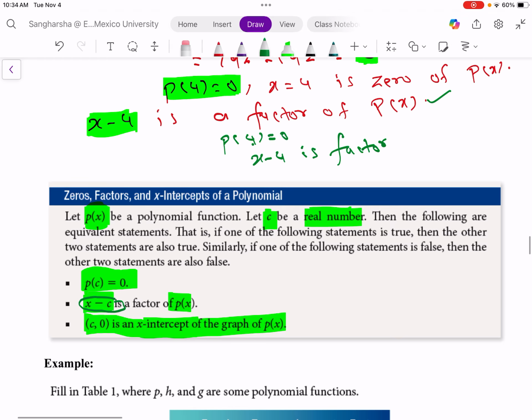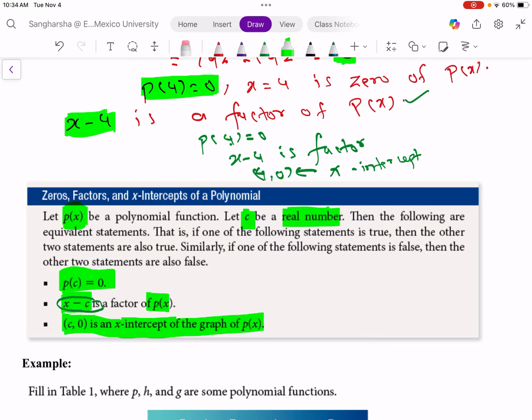And next, (4, 0) is also an x-intercept. So it's the same thing: p of 4 equals 0, or saying x minus 4 is a factor, or (4, 0) is an x-intercept. All these statements are equivalent. So if the remainder is 0, then we can find the factor and we can find the x-intercept.